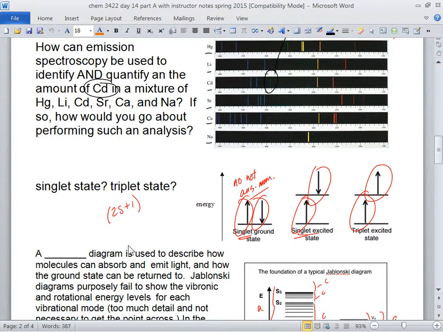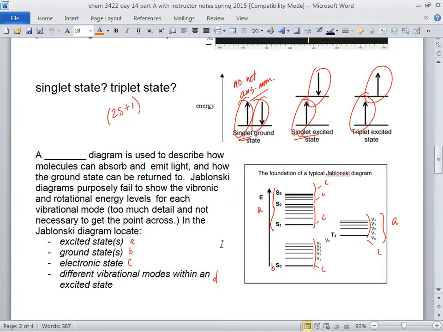But the idea here is the difference between singlet and triplet states. Why we're talking about it? Because the book is, and I'm just following the book. Okay, but it's kind of important, because if we don't introduce the words singlet and triplet states, we can't explain what process?